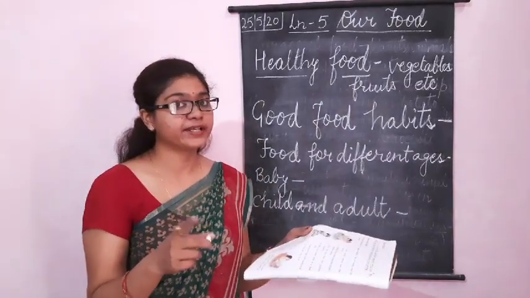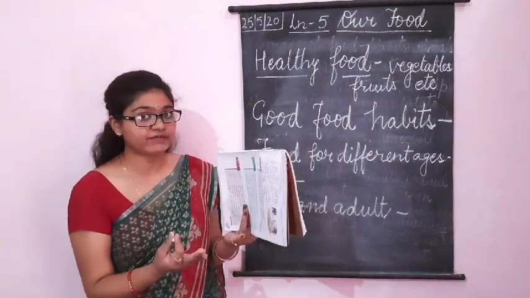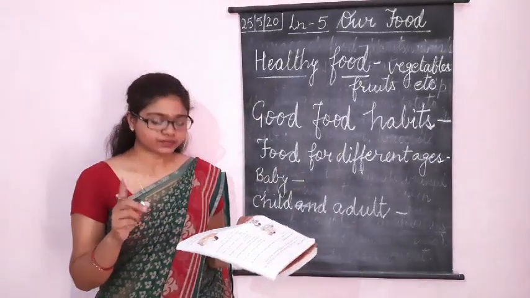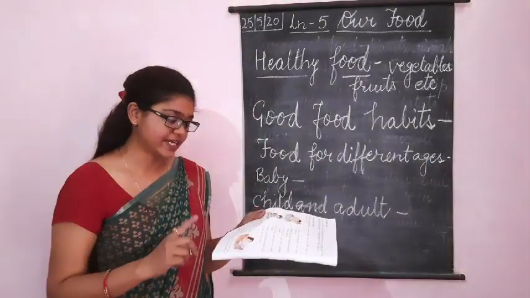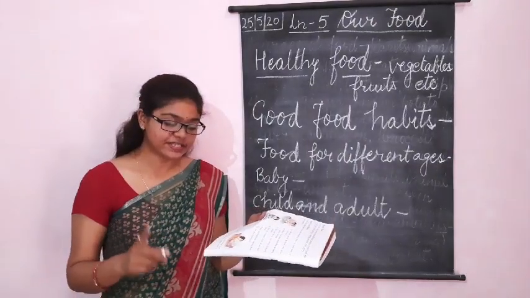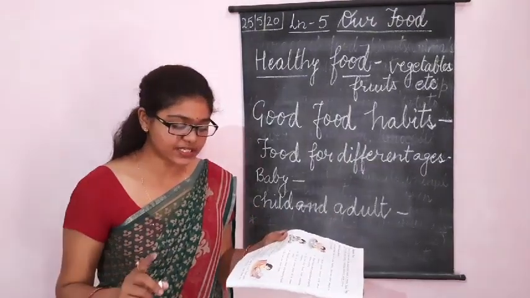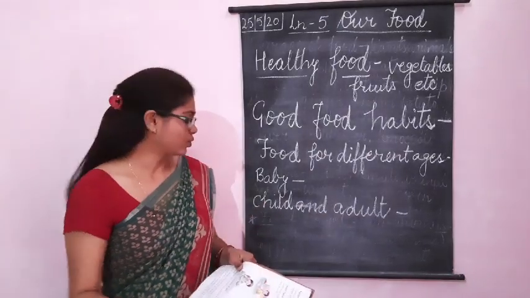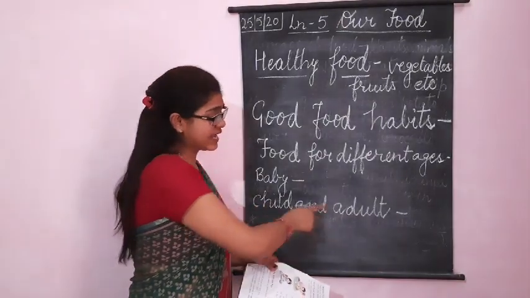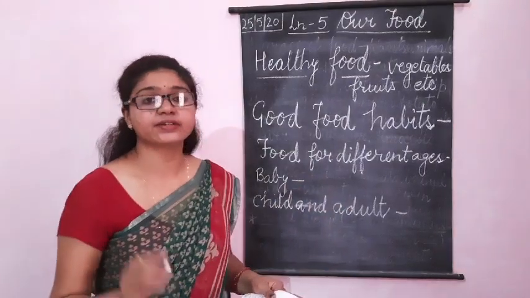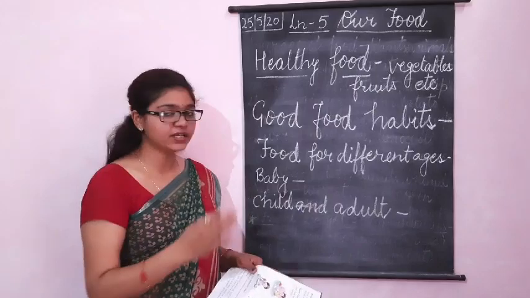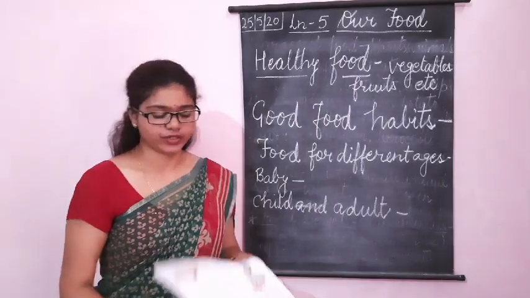I told you already, in a balanced diet you should eat everything that is served on your plate. Food such as milk, fruits, vegetables, grains, pulses and meat helps them to stay healthy. So children and adults should eat different types of food.